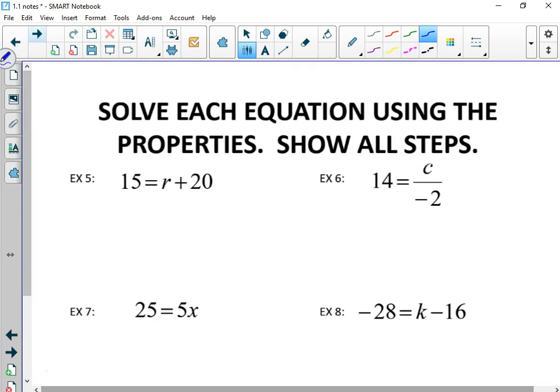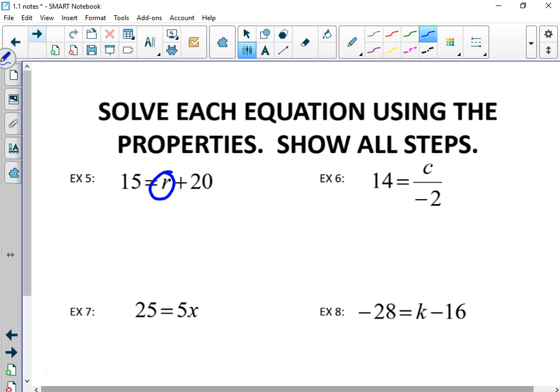Okay, pretty much same thing here, more little practice. Except notice on here, our letters are on the right side. It doesn't matter which side you're on. You're just trying to undo it. So again, you find your variable. I forgot to do this on the first page, but I do suggest you do this. Circle it, underline it, something. Call attention to where that variable is. Now ask yourself, what's happening to the R? It's being increased by 20. Okay?